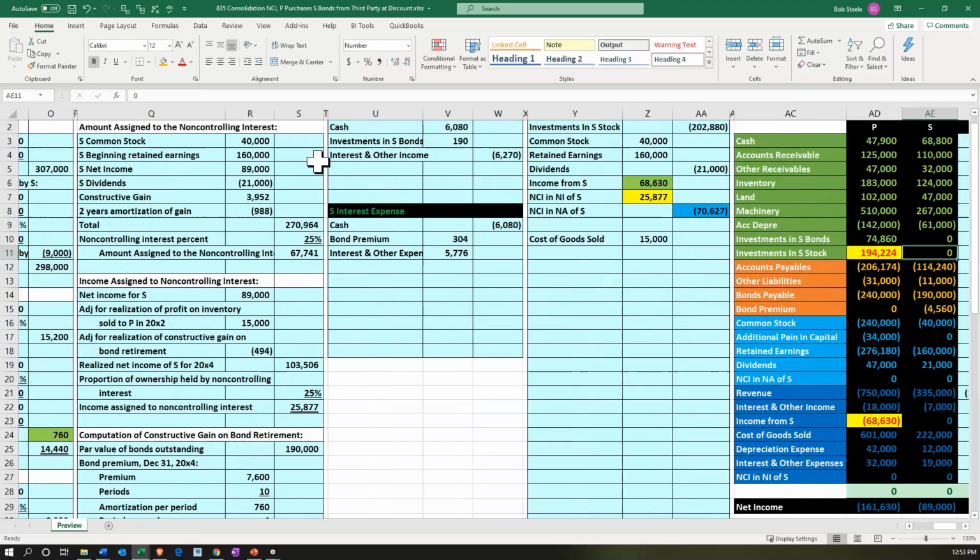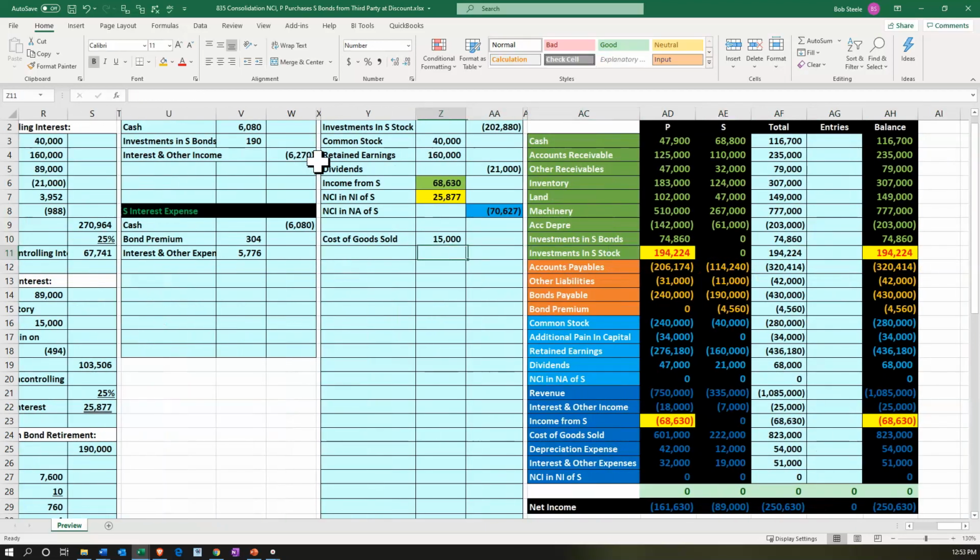And then the other side is going to go into the two balance sheet accounts related to the controlling and non-controlling interest. So that's going to be the investment in S stock and the non-controlling interest in net assets. We're going to break them out 75/25, and this should actually be a credit. So I'm going to cut and paste.